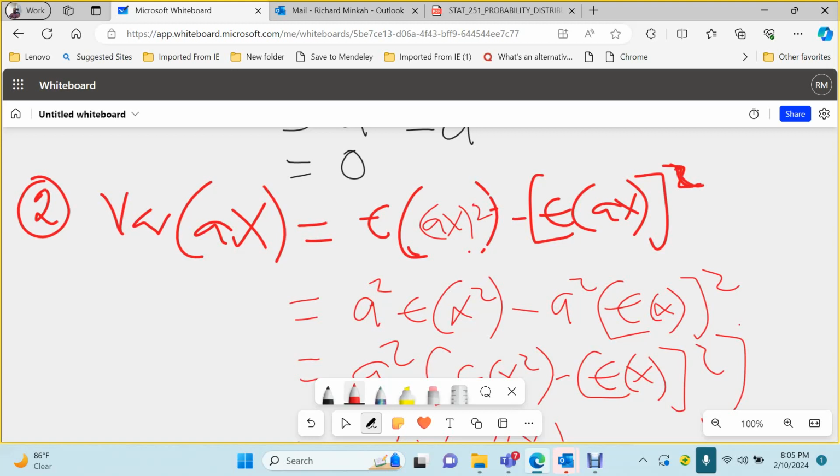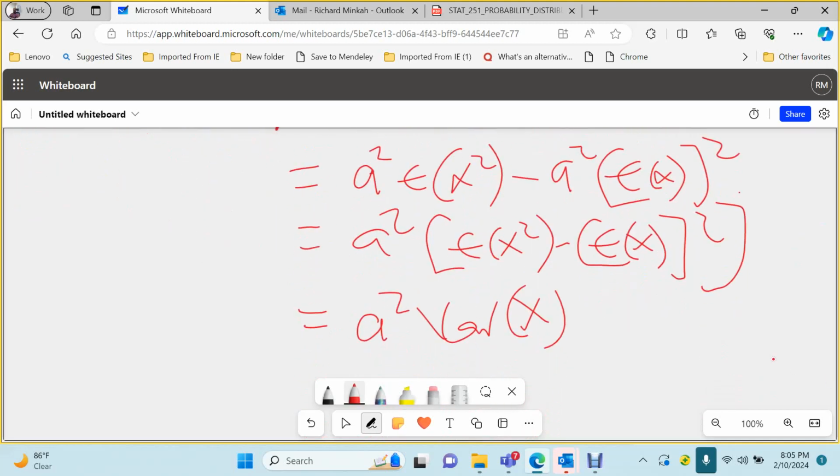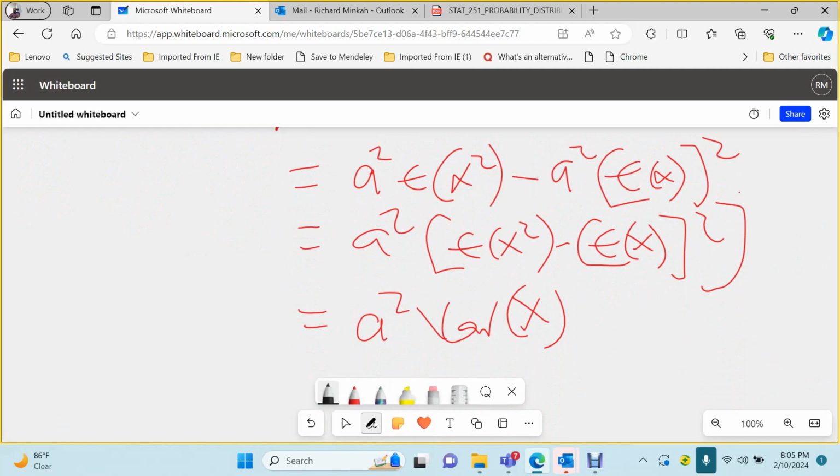Then this one too is a constant, so it comes out of the expectation, but we have squared over here, so you square it as well. Then I have a squared, I can factorize it out. What is this expression? That's the definition of variance. That's it.